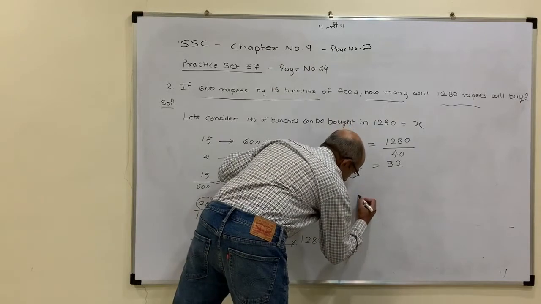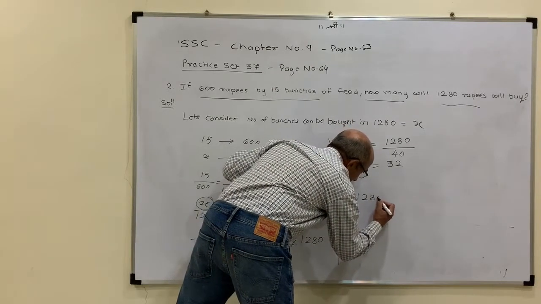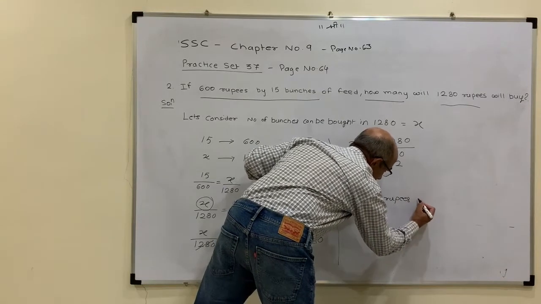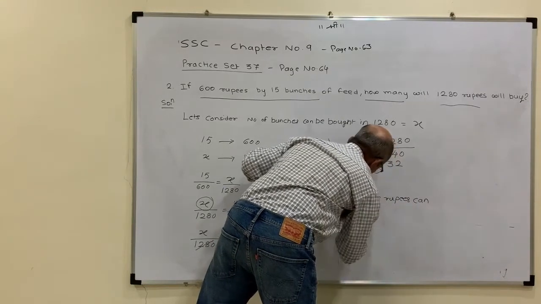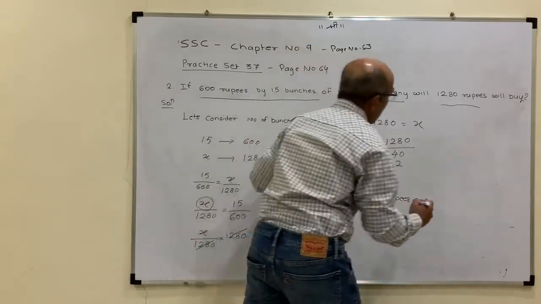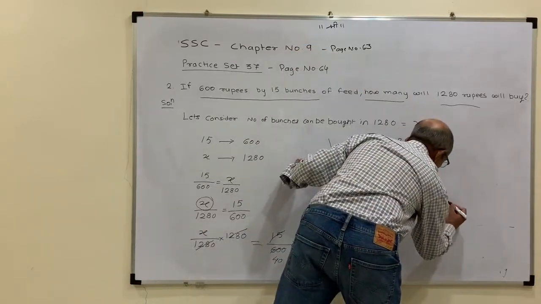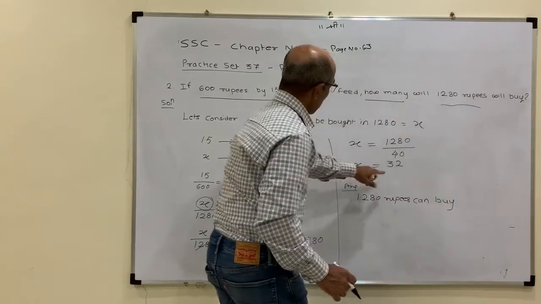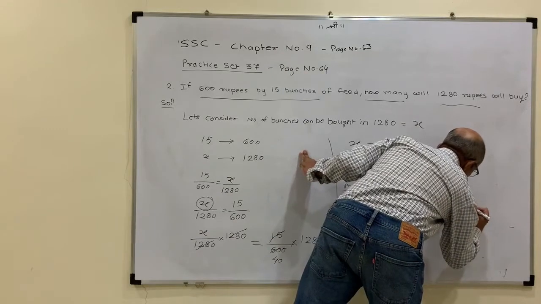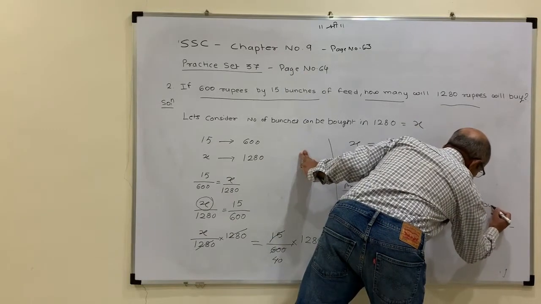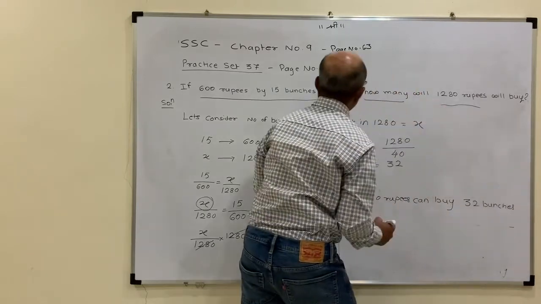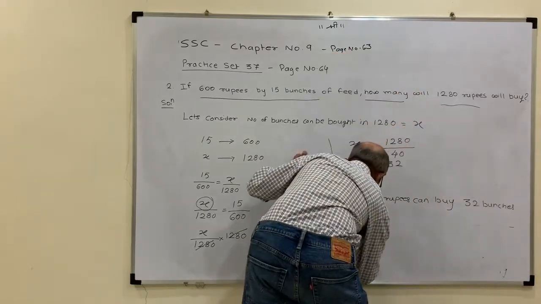So you can write: 1280 rupees can buy 32 bunches of feed.